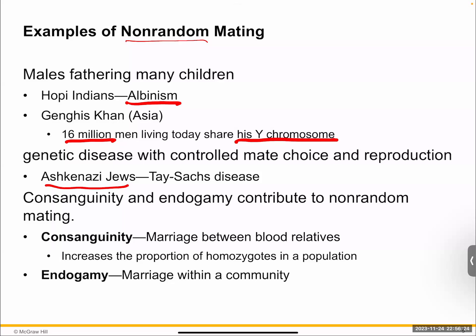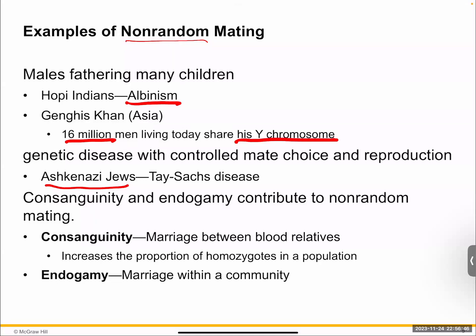The reason for that increase was either a very limited population or community where you can marry into, causing endogamy, or marrying your blood relatives that are really close to you, which means they share a lot of genetic components with you.